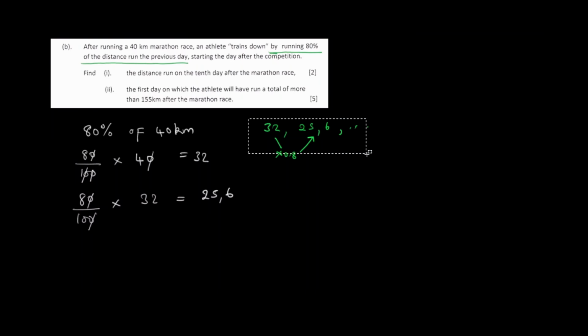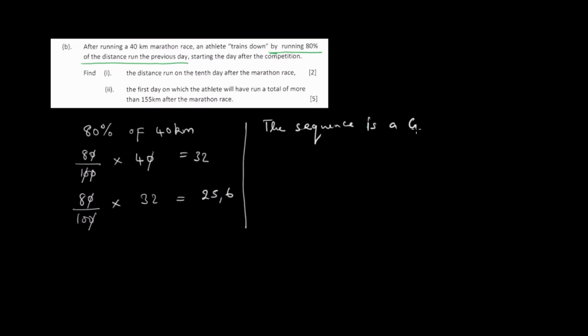So we have seen that it's a GP, and we can write as a statement that the sequence is a geometric progression. You can write it in full, or if you are in a hurry you can just write GP, like this.